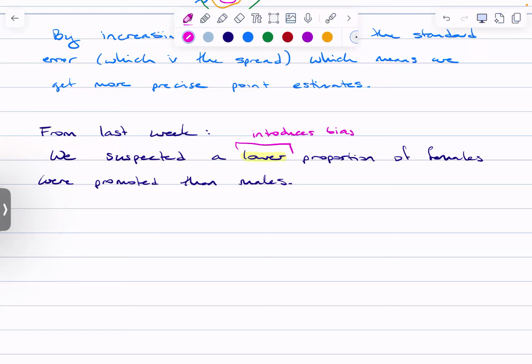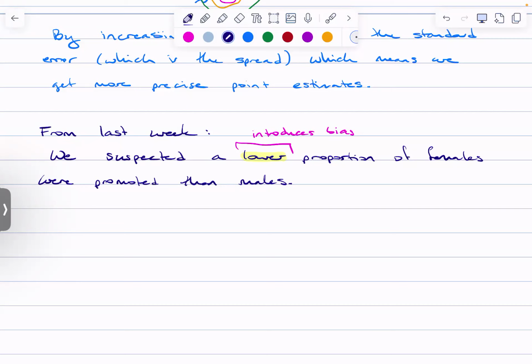I suspect that this is happening. It's also what I saw in my data. But in order to combat that, what we say is, well, what if we consider both sides?